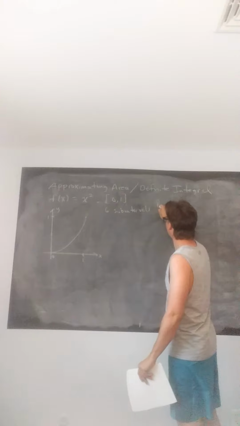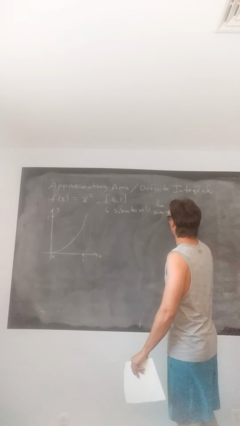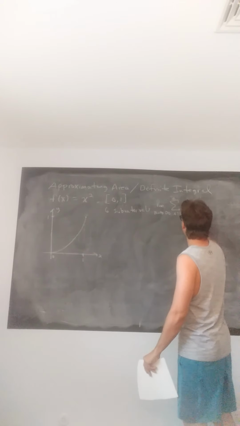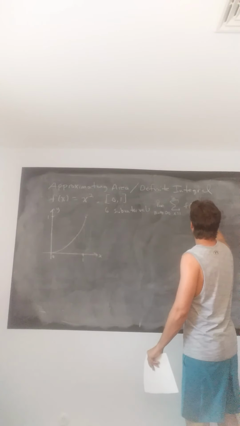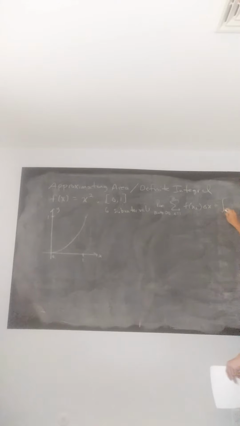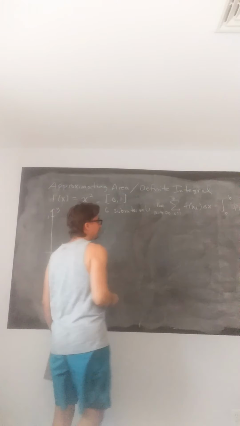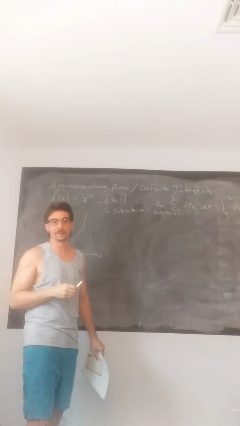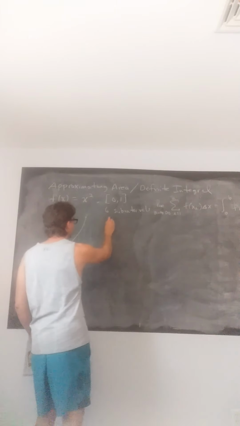By definition, the limit as n goes to infinity of the summation from i equals 1 to n of f of x sub i delta x is this fancy thing called the definite integral. Delta x stands for essentially the thickness of our rectangles.